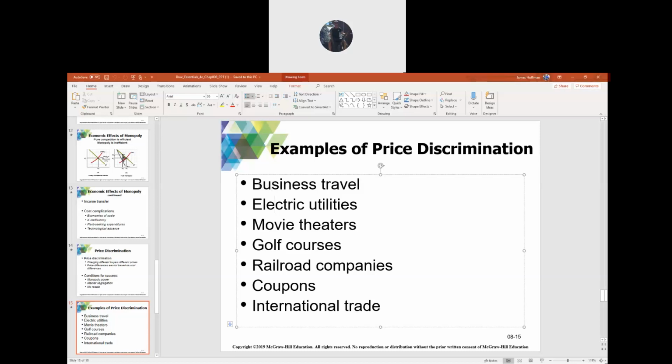If you wait to the last minute, the price for the same ticket is going to go up, and the airlines know they can charge higher prices if there's not much time left. But if you plan ahead, you can get a much cheaper price. So it's the same ticket, same airline, but time really determines the price.